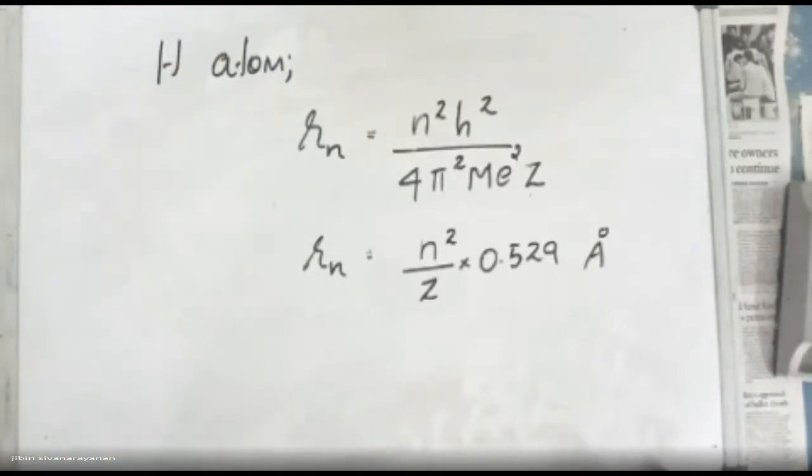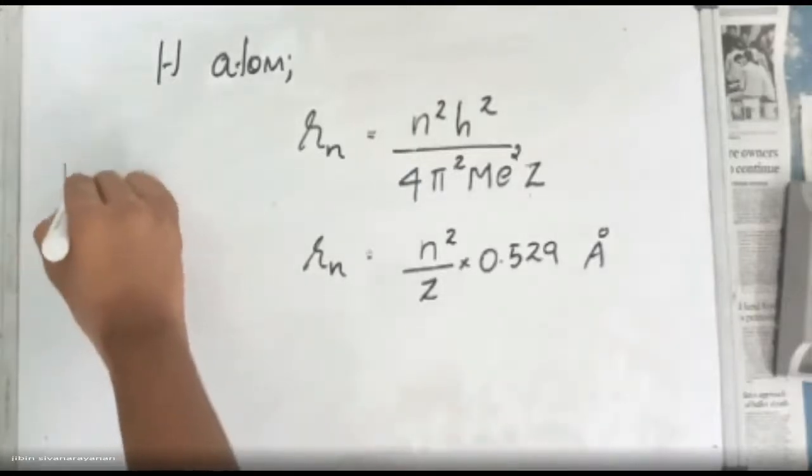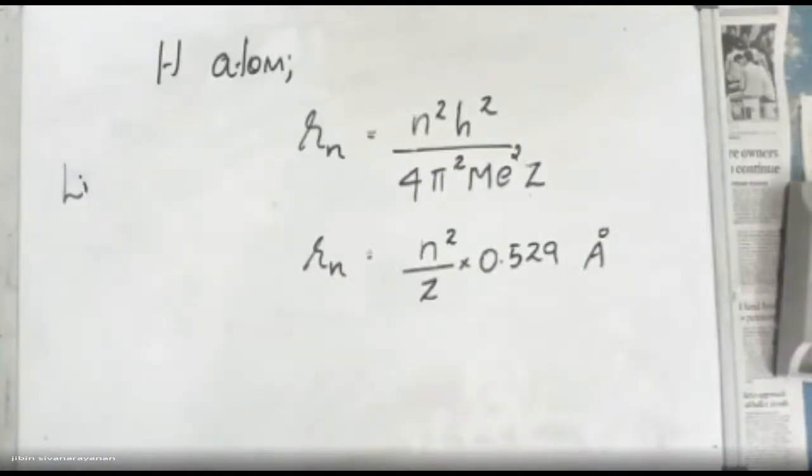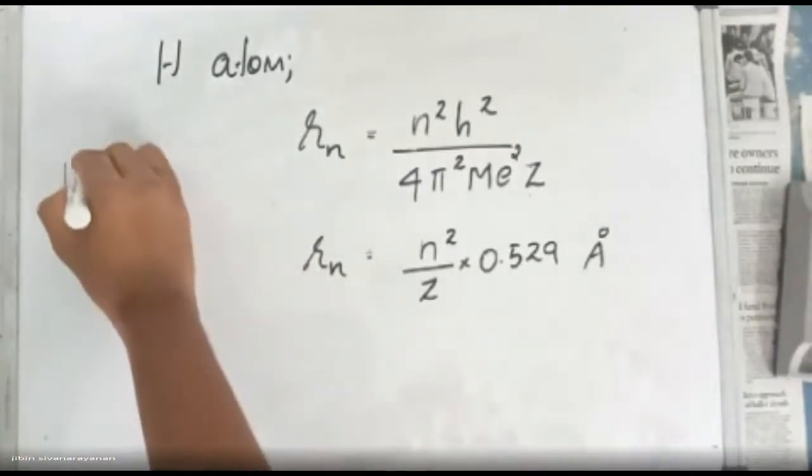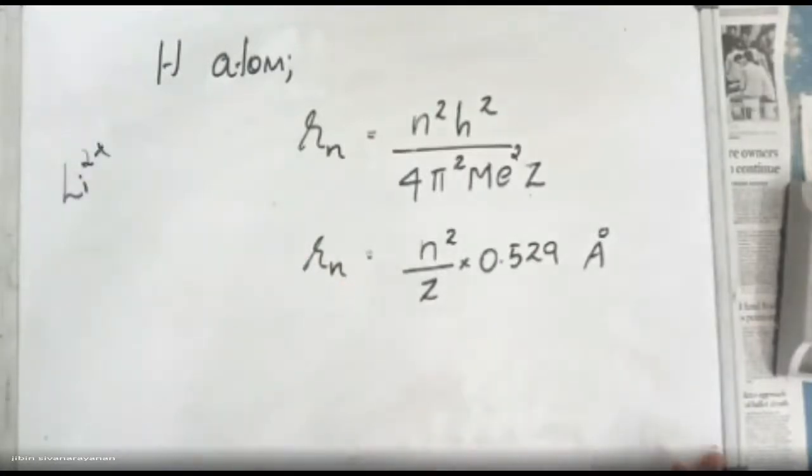Similarly, if you are going for any other atom, you have to make it hydrogen-like. For example, lithium. How will you make lithium hydrogen-like? By removing two electrons, it becomes lithium 2 plus. Now this lithium 2 plus is hydrogen-like.